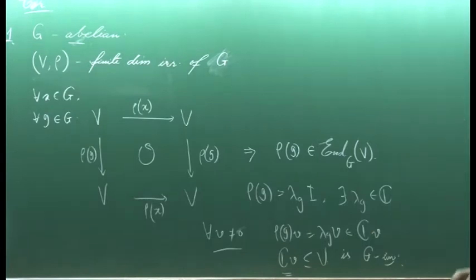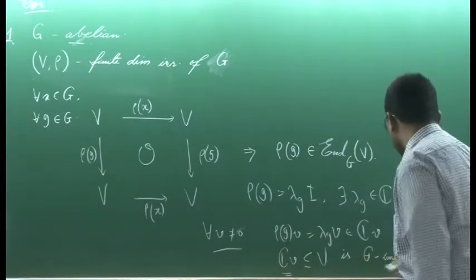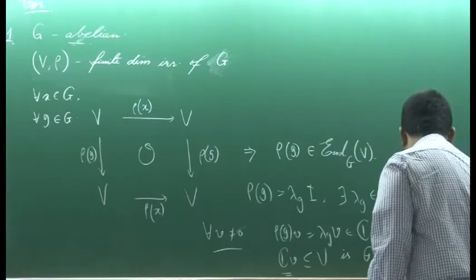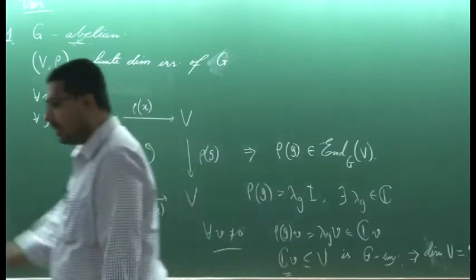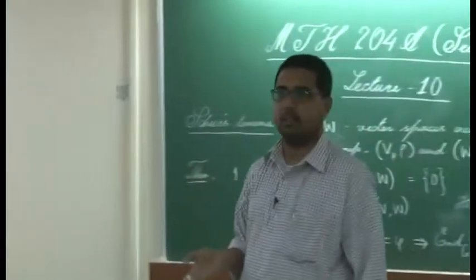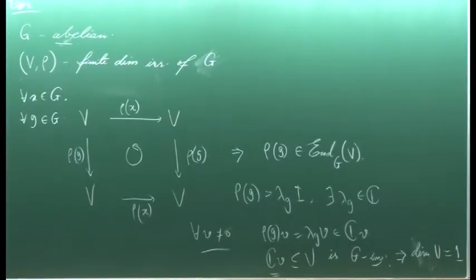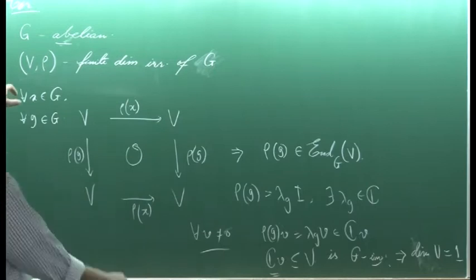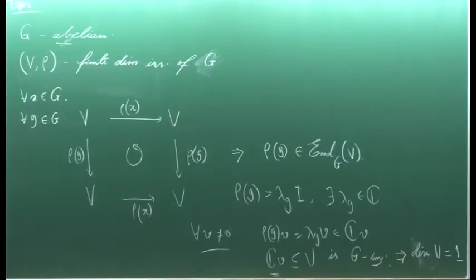Now, from the irreducibility it follows that V must be equal to C v, that is, the dimension of V is 1. So what we have proved is that if a group is abelian, no matter whether finite or not, then every finite dimensional irreducible representation of G must be of dimension 1.